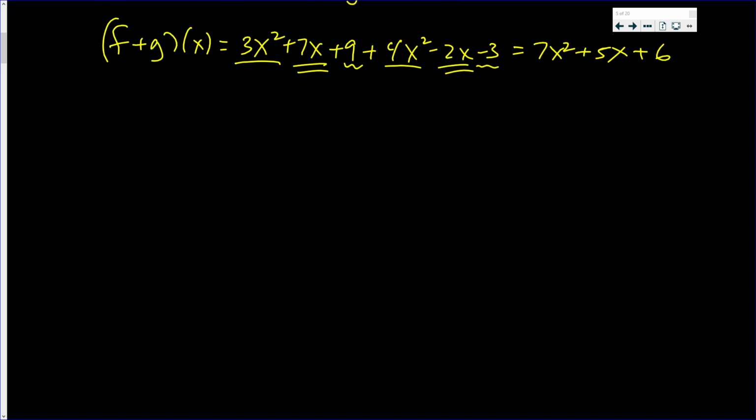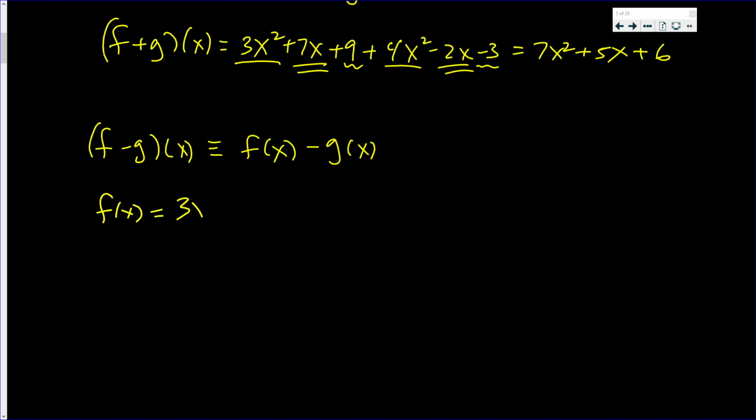Very simple. Now, what if you have f minus g of x? What does that mean? Well, again, it's simple. It's f of x minus g of x. So if I give you f of x and g of x, you should be able to figure it out.